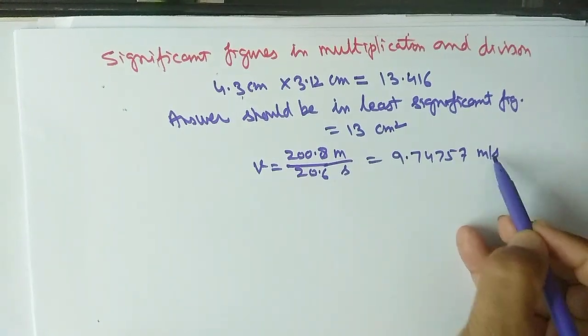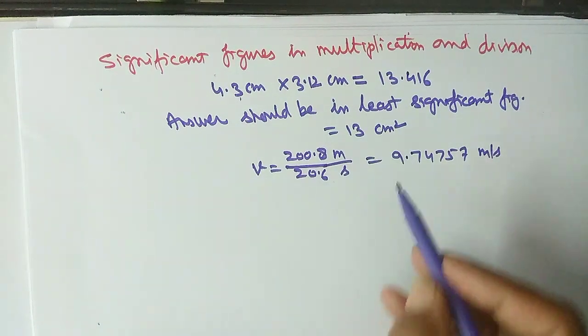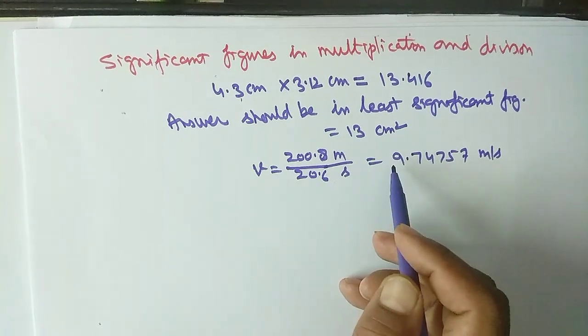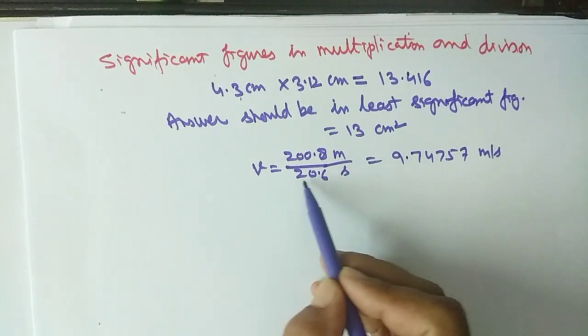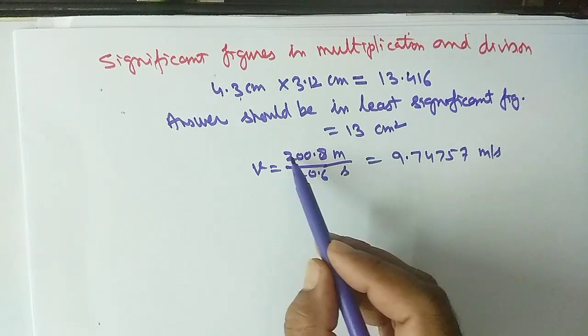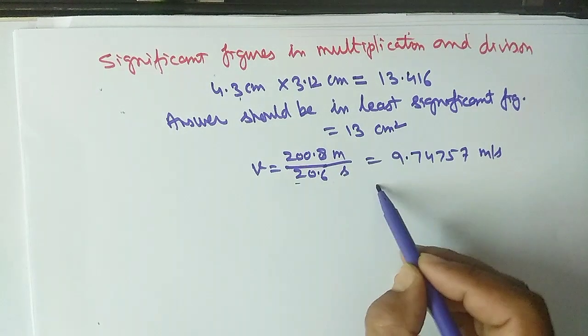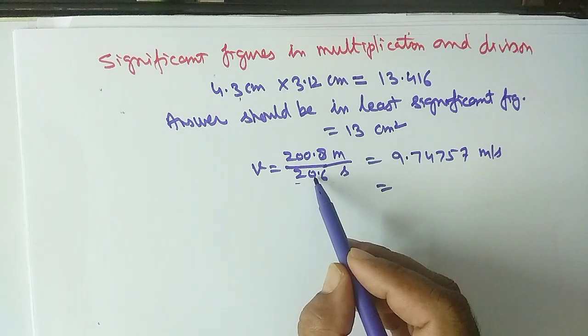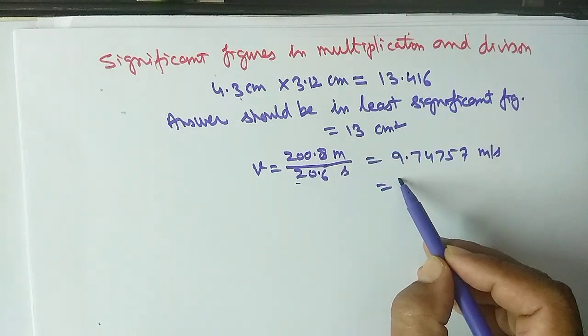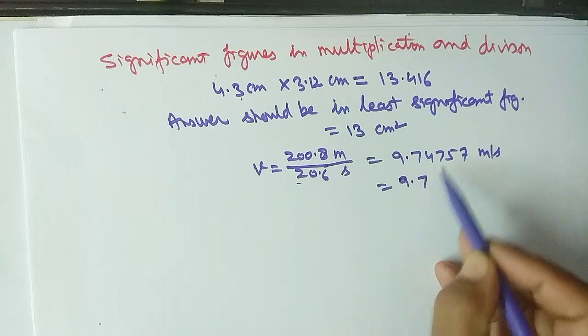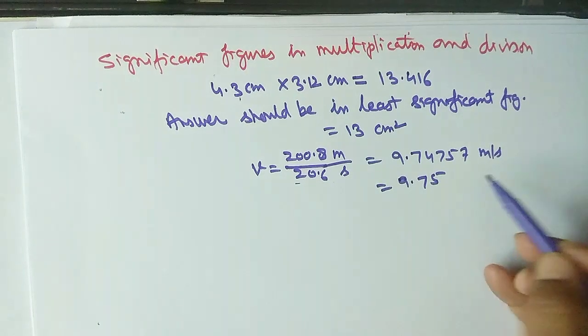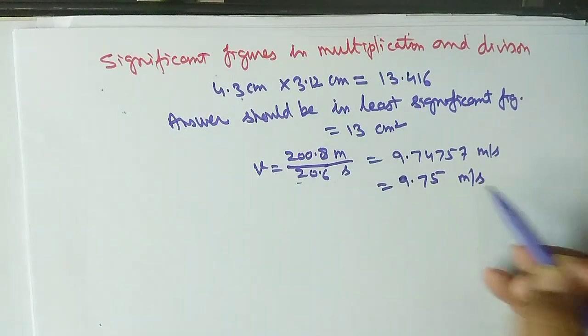You can see from the calculator. So what will you write as the answer? See, the significant figure is here minimum 3, and here 4. So the answer you have to write in 3 significant figures. After rounding off, it is 9.75 meter per second.